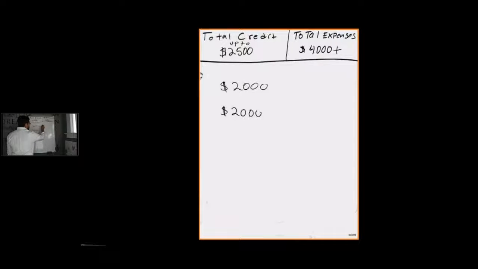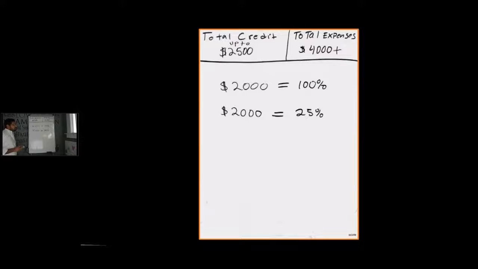All right, cool. So total expenses. The IRS is saying the first $2,000 of expenses is at 100%. I'm going to look at those at 100%. The next 2,000, I'm only going to look at 25% of those 2,000.